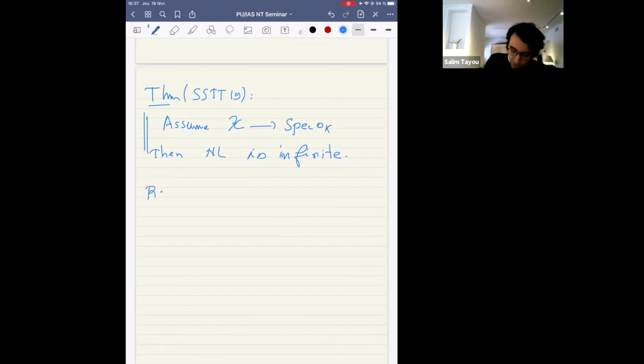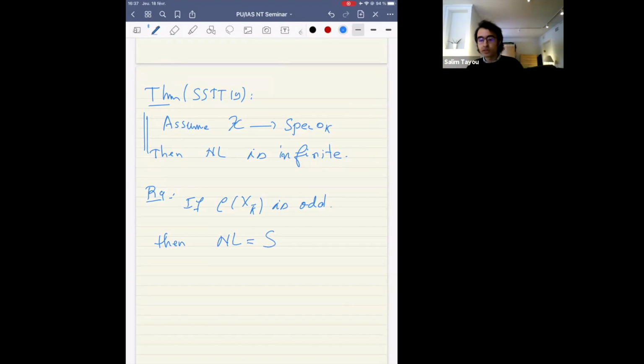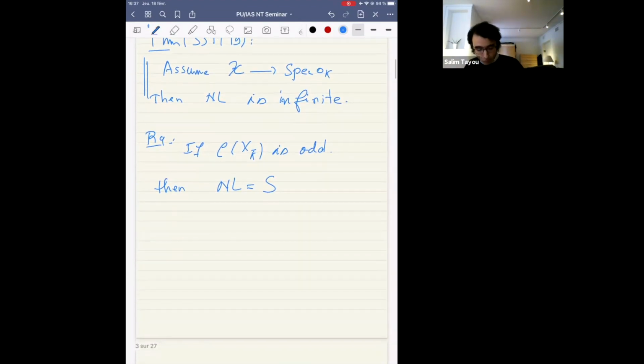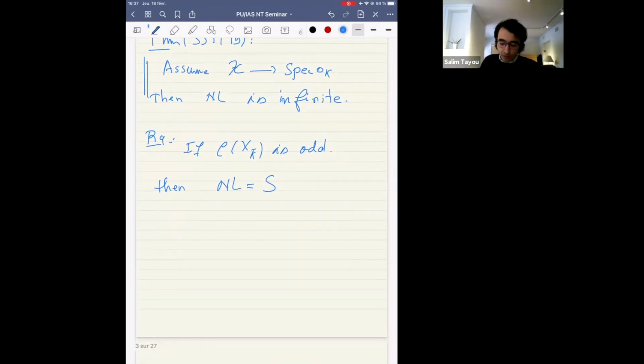Okay, let me just make a remark. If the Picard number is odd, then in fact this Noether-Lefschetz locus is always equal to S, the whole set S, without any assumption, independently from our theorem. And the reason for that is the Tate conjecture.